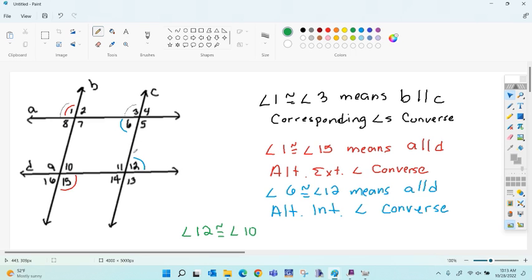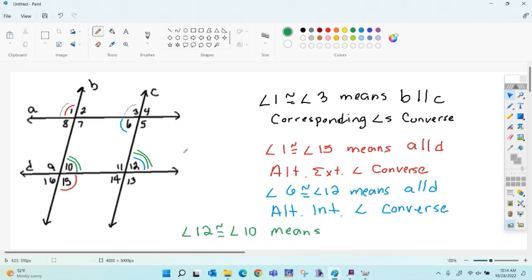Here's angle 12, and here's angle 10. Okay, so if we're looking at angle 12 and angle 10, use that to help you find what transversal, the one that they're right along. And so which lines are parallel because of angle 12 and angle 10 being congruent?